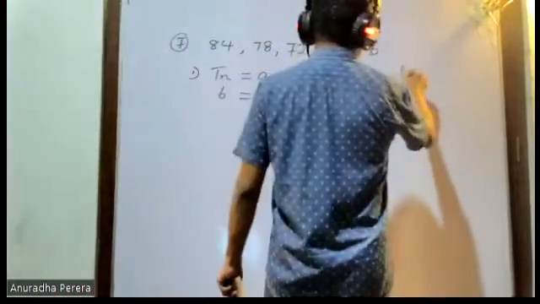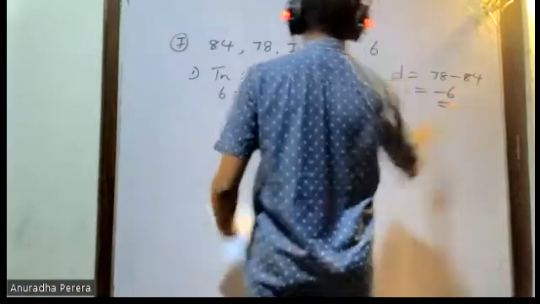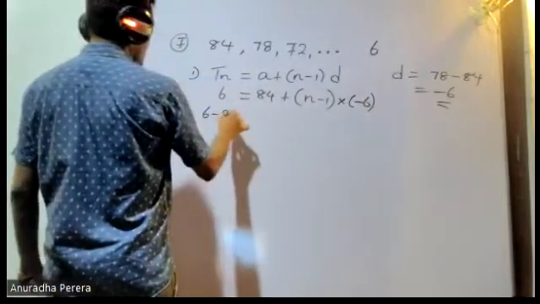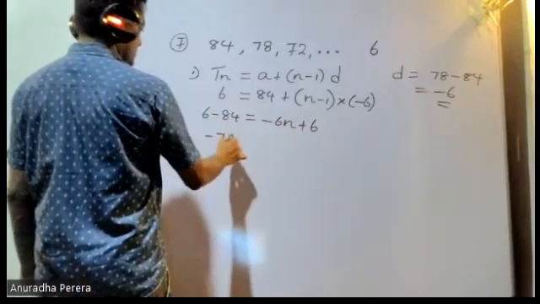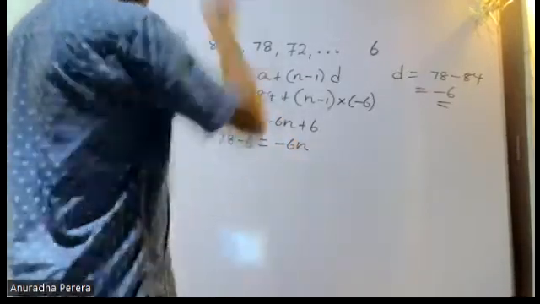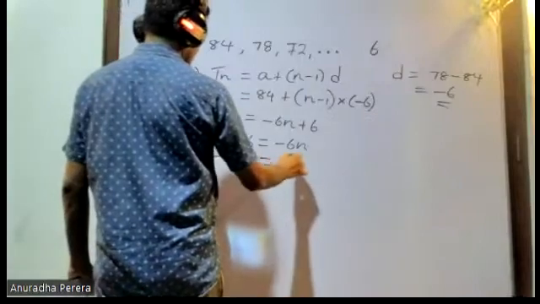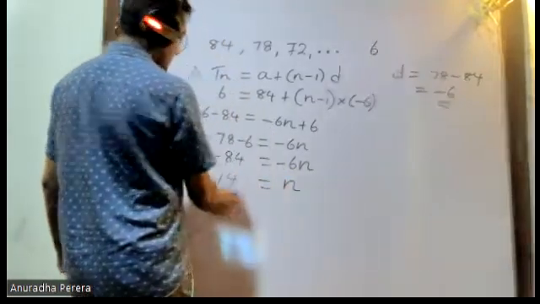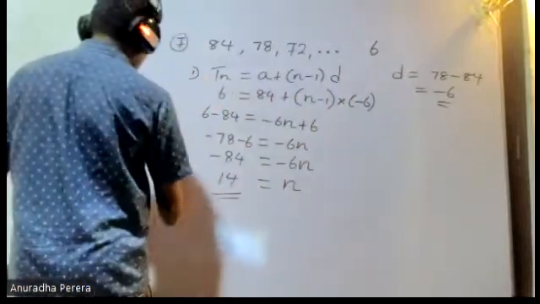Then 6 equals 84 plus (n minus 1)(minus 6), which gives n equals 14. Yes, the number of pipes is 14.